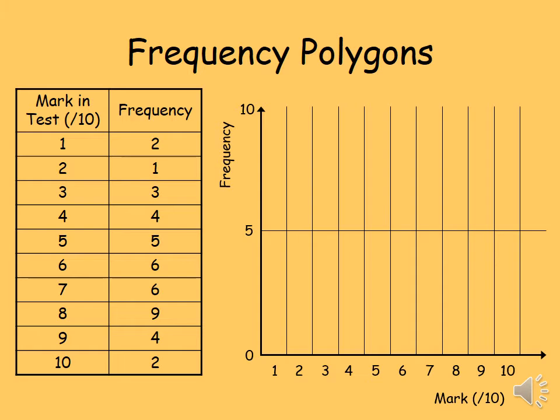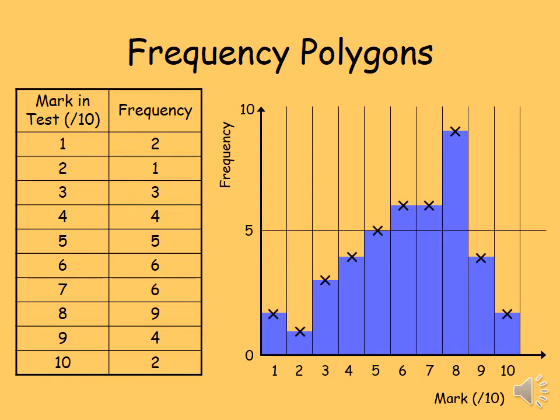Okay, so we need to plot those, and if we did on this slide, this is what it would look like. Now for the next bit, we put a cross at the halfway points. Again, I've done it for just one slide to save time, and the polygon is just the lines joined together.